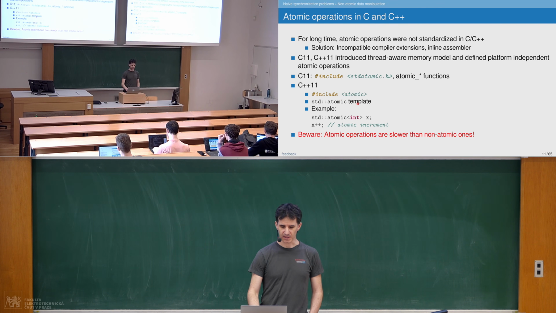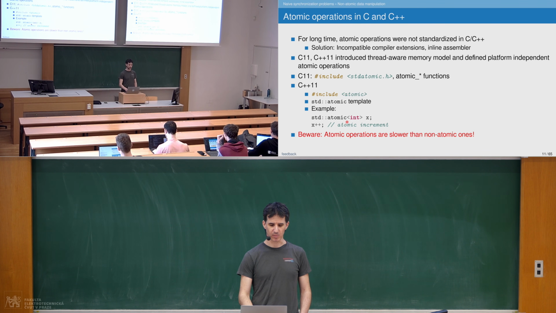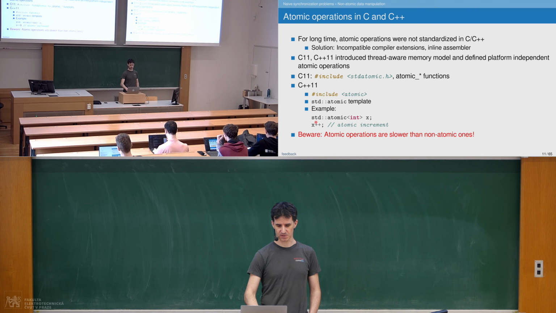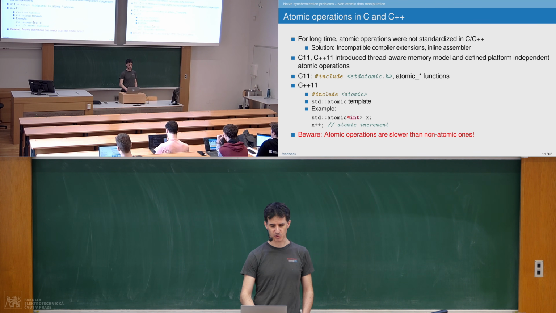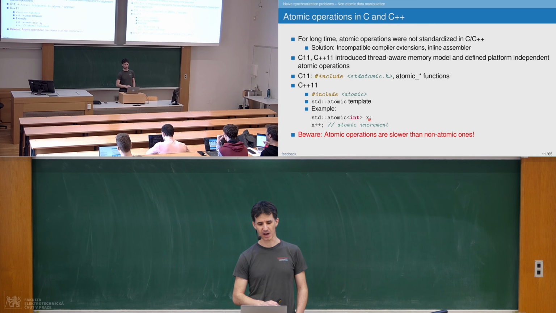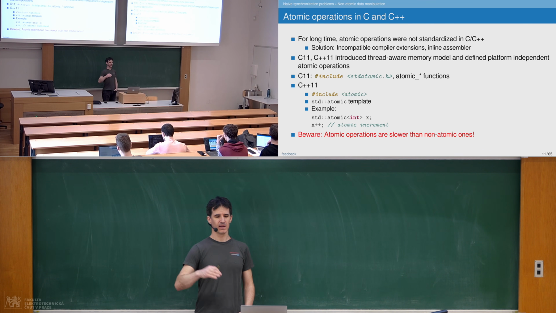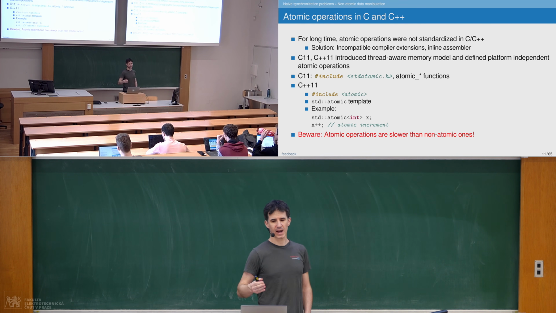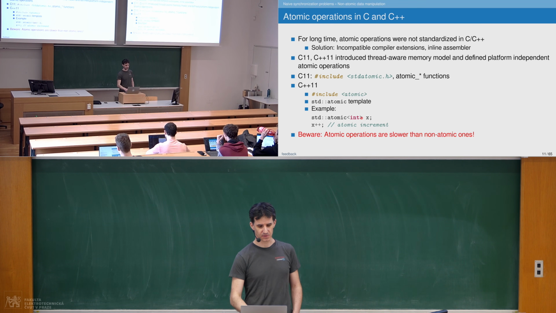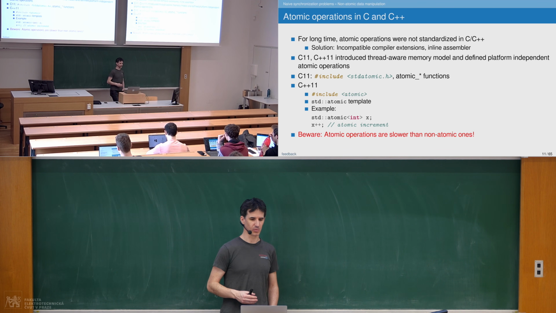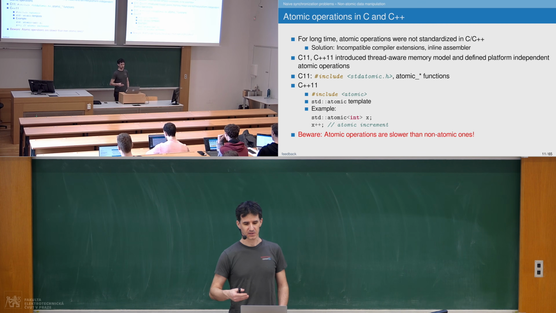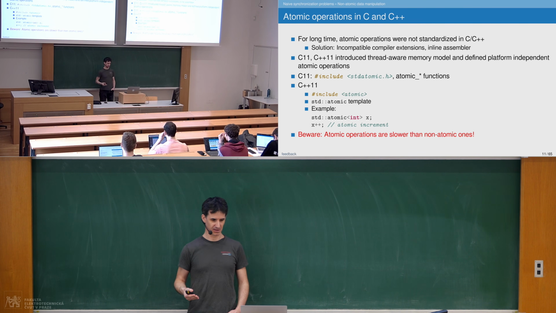This atomic header file defines a template type. So if you need an atomic integer, you can use this C++ template parameterized with int, and this is how you define integer variable x. Whenever you access this variable, all operations on it are guaranteed to be atomic. For example, you can write x++, and this will translate into an atomic increment operation.